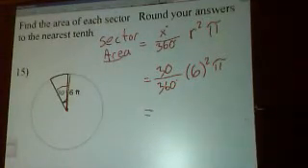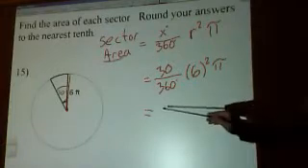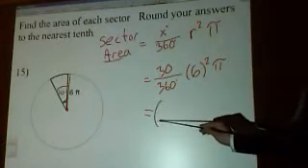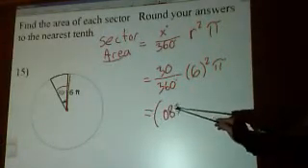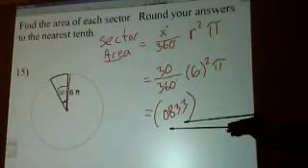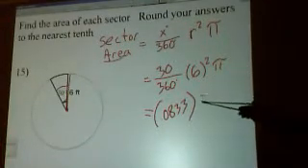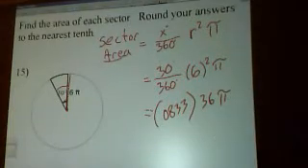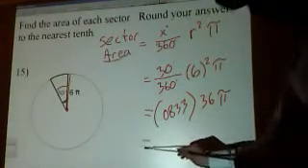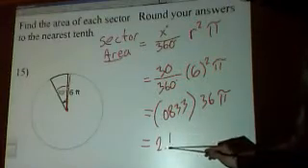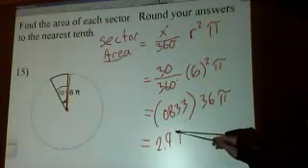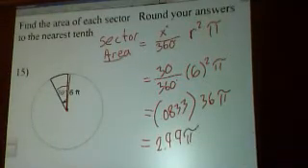And so now we got 30 divided by 360. We get 0.0833. And this is times 36 pi. So 0.0833 times 36 gives me 2.99 pi.